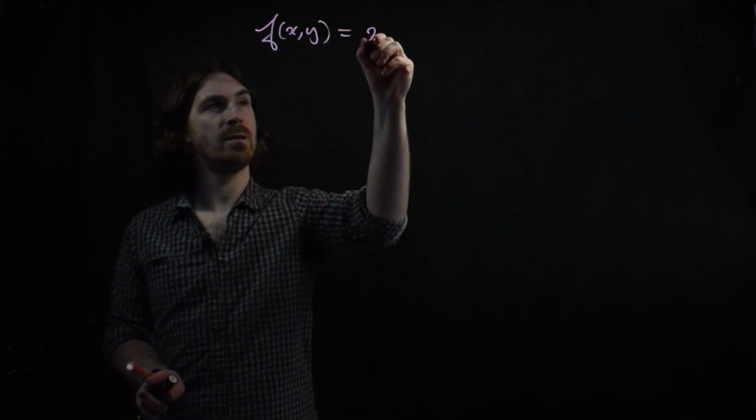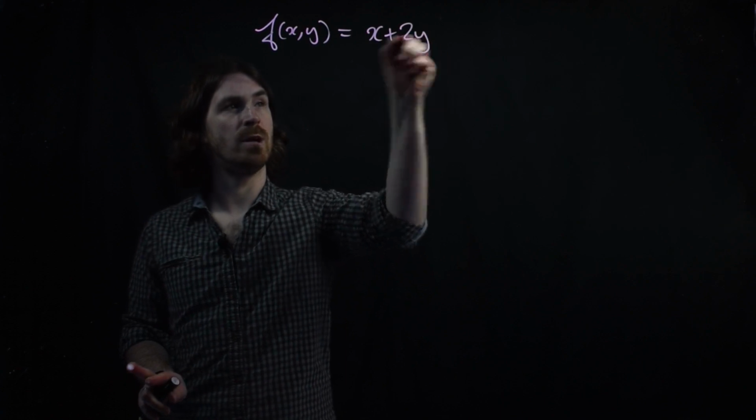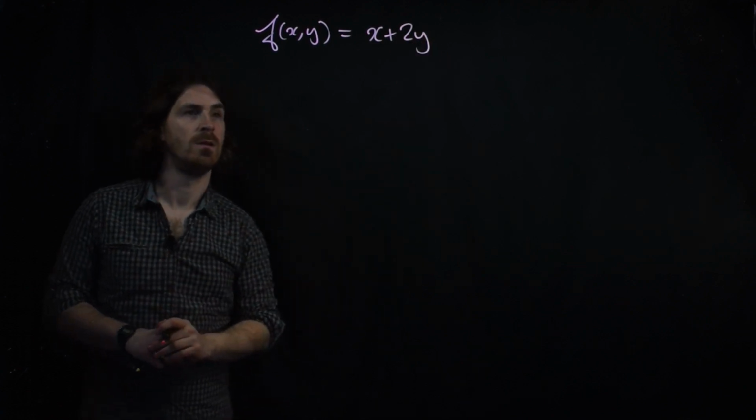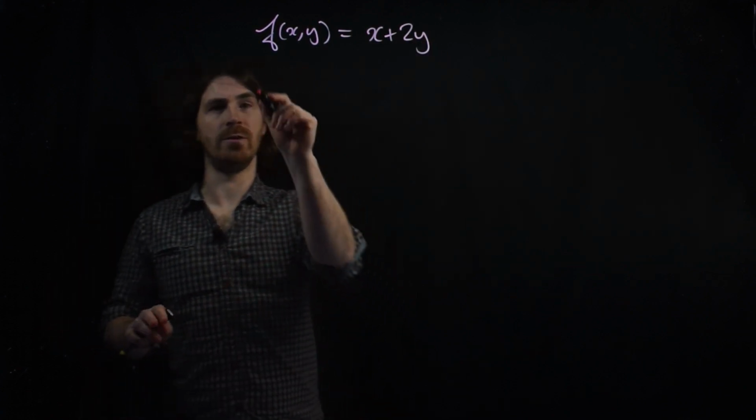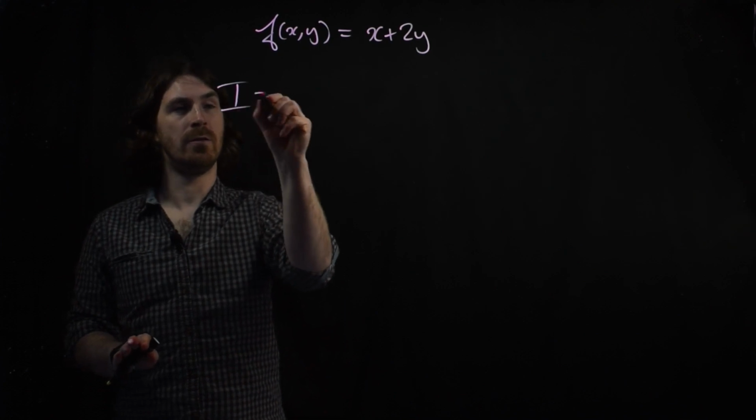All right, let's think about an example. Let's think about the function of two variables that is equal to x plus 2y. And let's think about the double integral of this function.